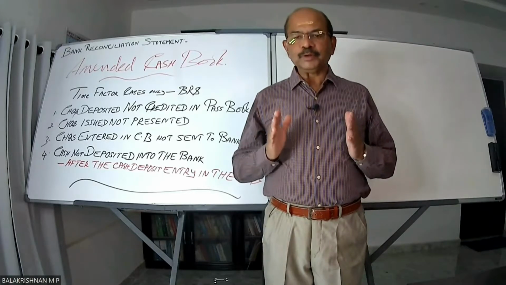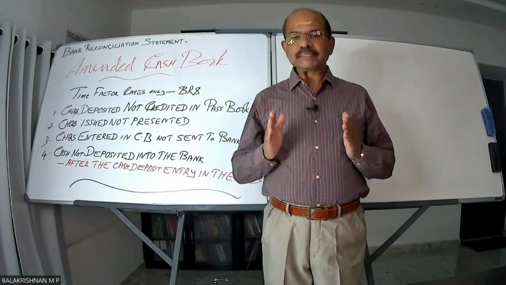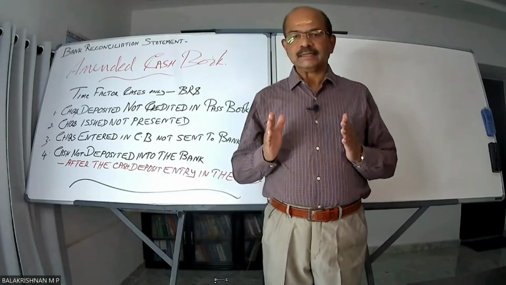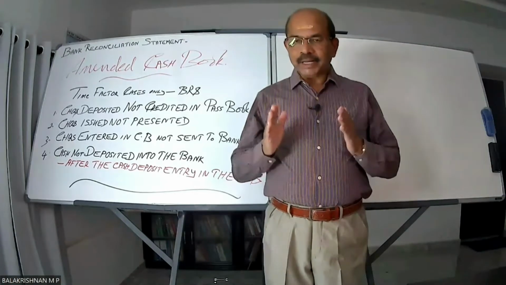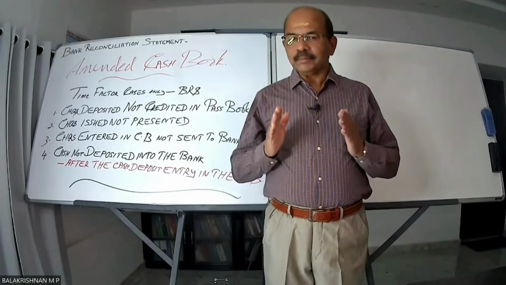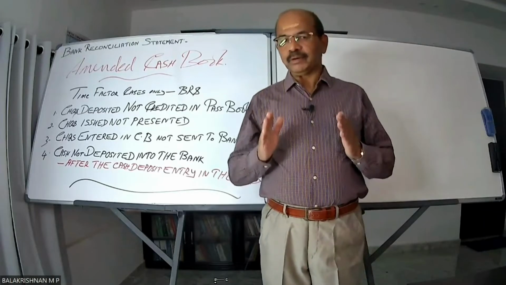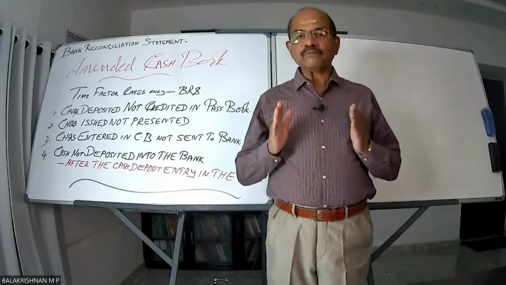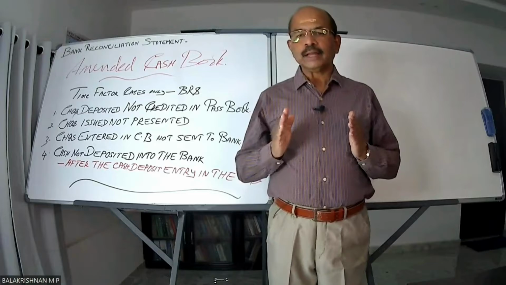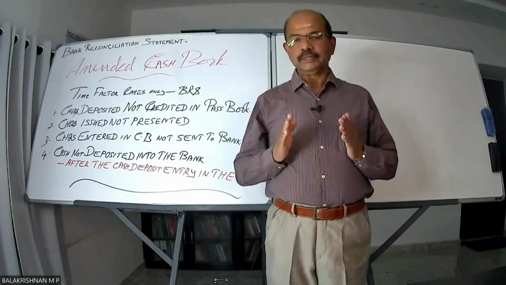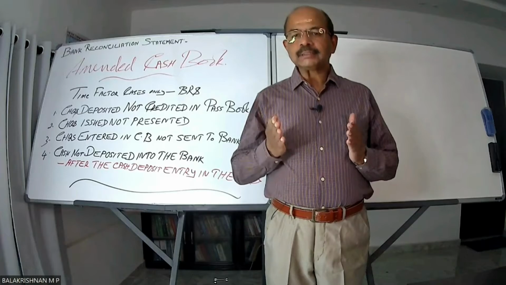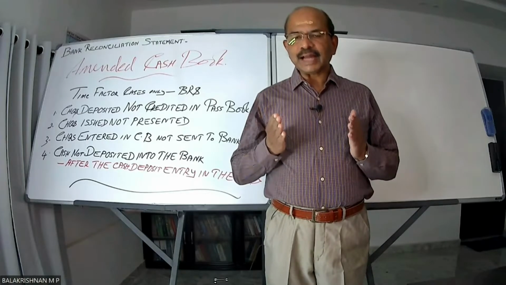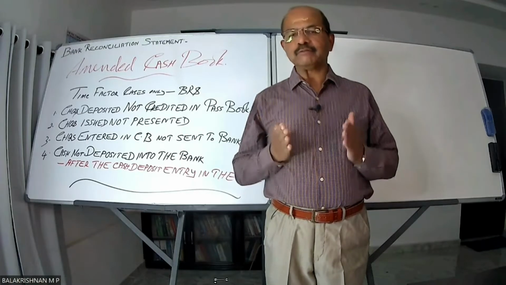Well, we know that n number of discrepancies of various nature we have been accommodating in the bank reconciliation statement only all along. But in an office, the auditor won't allow you to accommodate each and every one. He will tell you most of this can be accommodated by way of an adjustment entry in your cash book itself.